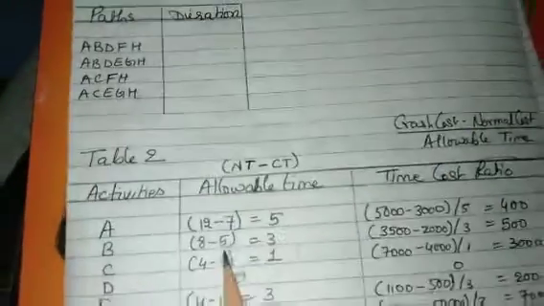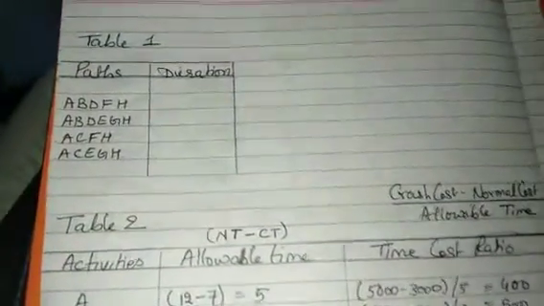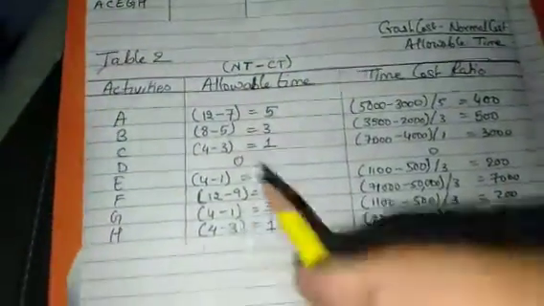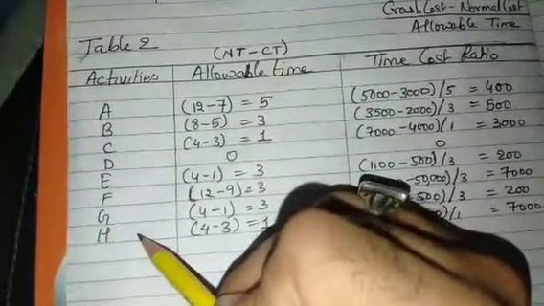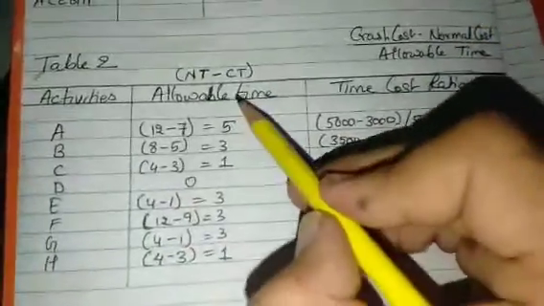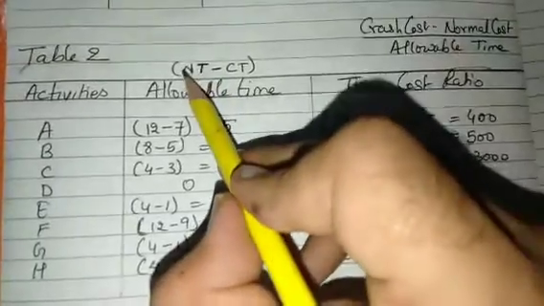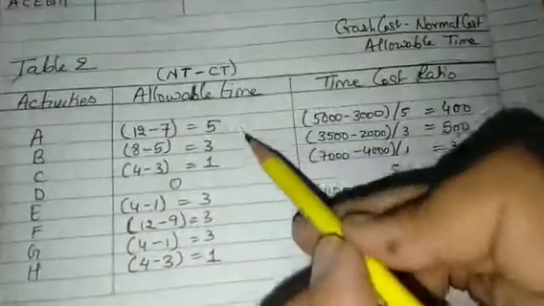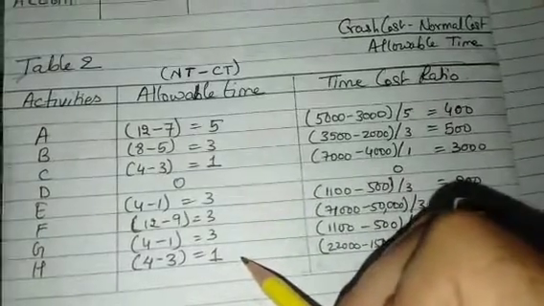After identifying all the paths, I would make table number 1, writing all the paths and their durations, and then I would make table number 2. It is an important table. All the activities would be written. The formula for allowable time is normal time minus crash time, so I would find the allowable time for all the activities.